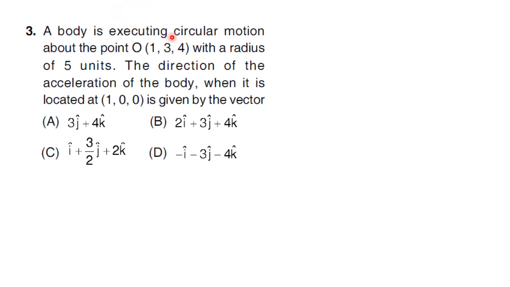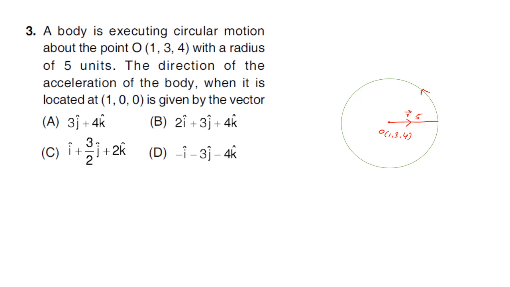A body is executing circular motion about the point O134 with a radius of 5 units. The direction of the acceleration of the body when it is located at 100 is given by the vector. Here, given that body is executing circular motion about a point O134 with a radius of 5 units, and this you can consider as position vector r.